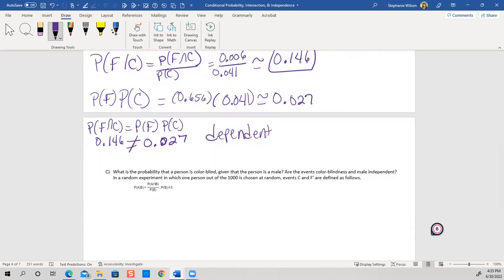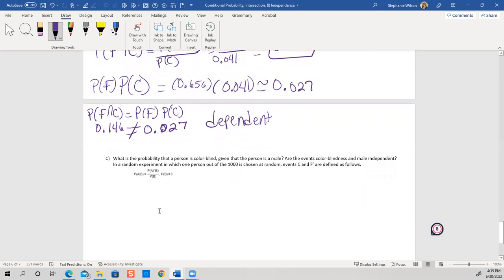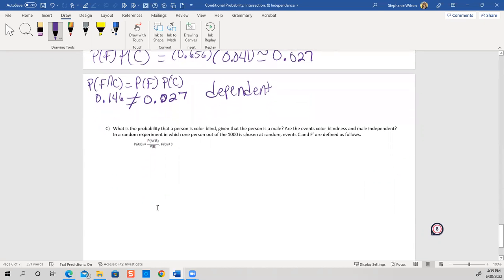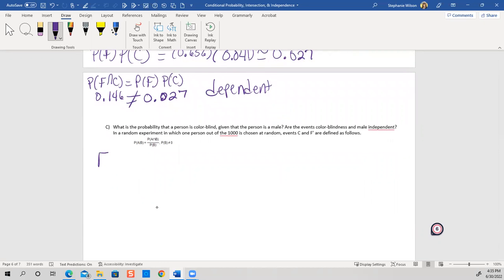So let's solve C. It says, what is the probability that a person is colorblind given the person is a male? On this table here, if you'll notice, the male is the F complement. So the event that the person chosen is a man.